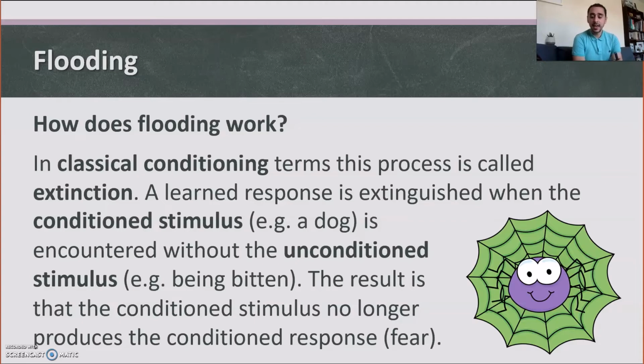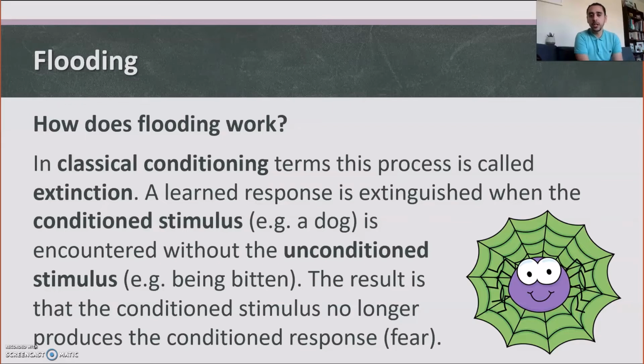The sting is the unconditioned stimulus, and that caused pain or anxiety, which is an unconditioned response. Now, the pain and anxiety that I felt when I got stung has been paired with the bee. So now when I think of a bee, which was a neutral stimulus, the bee is now a conditioned stimulus that gets the conditioned response of fear of pain, okay? Fear, pain, anxiety.